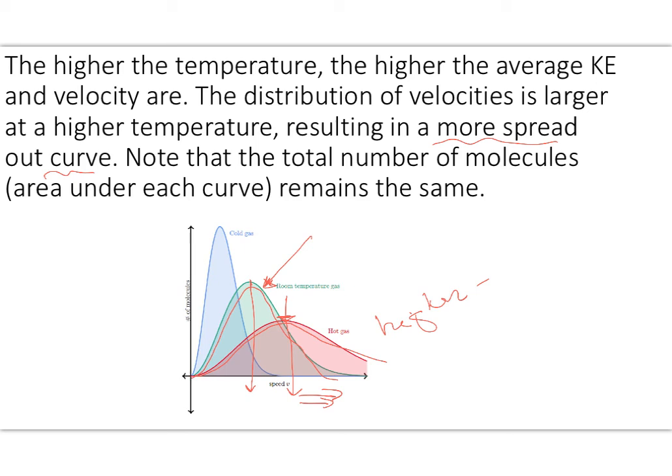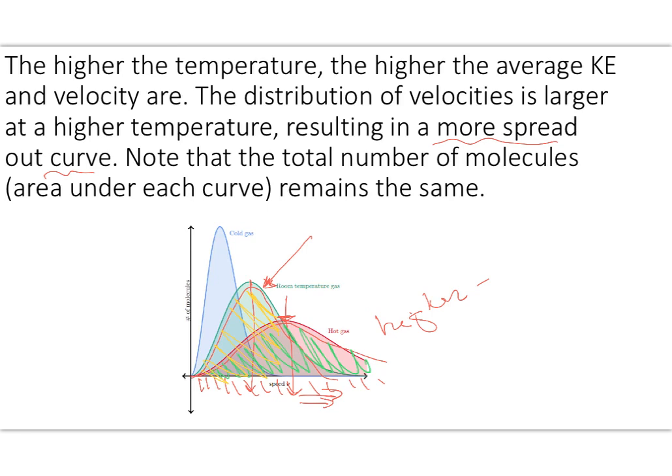Which means there's a broader distribution of possible speeds. But the area under the curve, in other words, the total number of molecules, is the same, okay, for each of these curves. We're assuming you're in a closed container and you don't have molecules escaping.